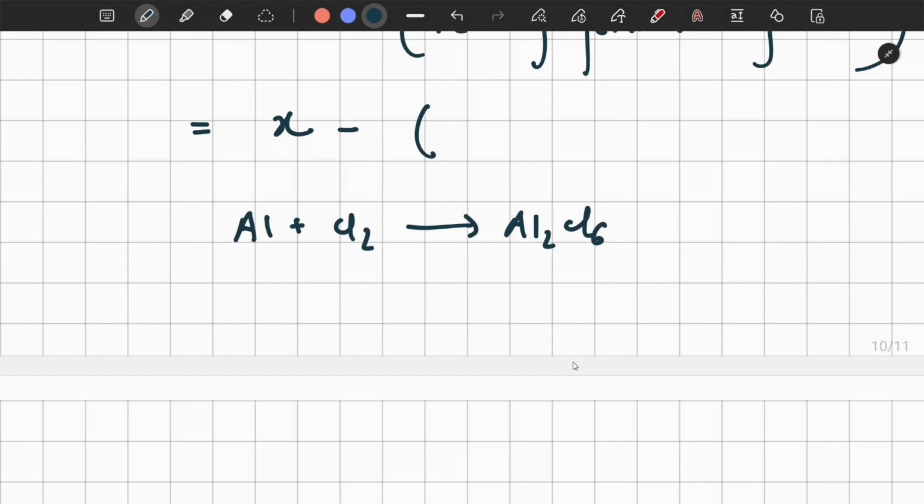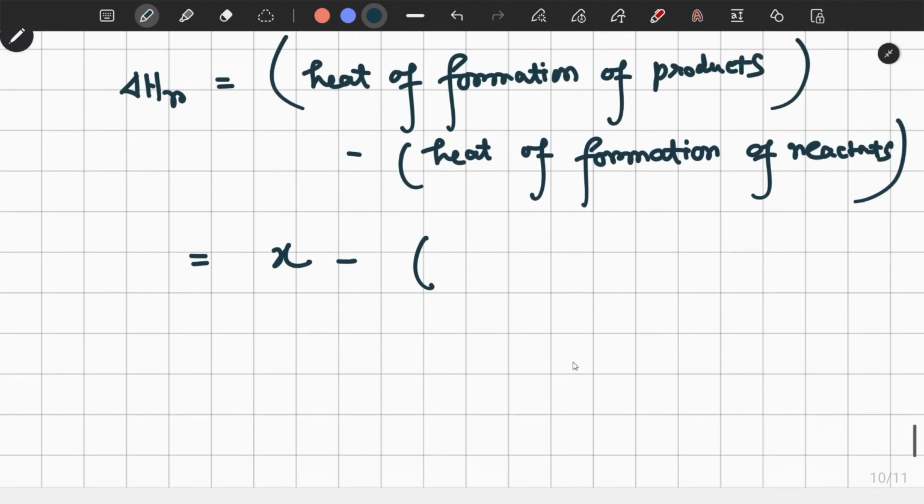But in case of bond energy, you have to reverse one. That means if you burn it or break it down, then how much energy is released? Because it's bond energy, correct? That means the energy stored in the bond. So it's a reverse thing. That's why it is product minus reactant.